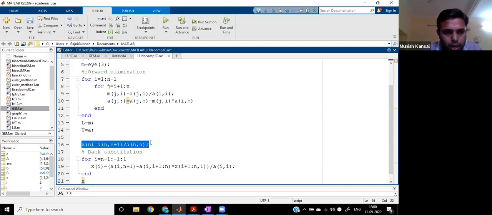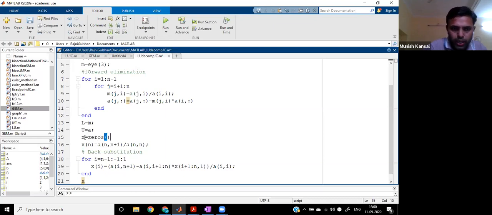Because you have written xn is equal to this, but you have not initialized it. So let me initialize the x vector, only then it will update the x vector: zeros of n comma 1. You know the meaning of zeros here: n rows, 1 column, that means it is a column vector with all entries 0. So we have just initialized the x vector.